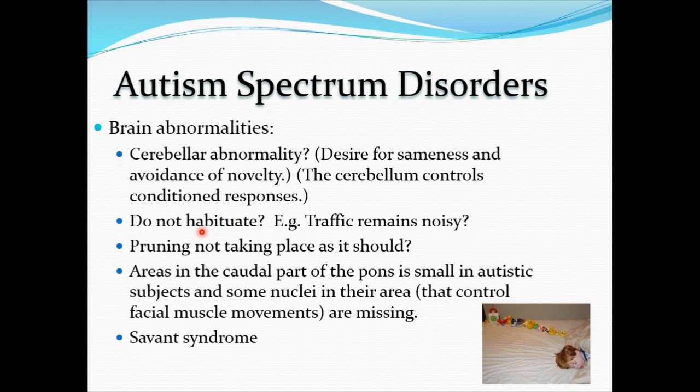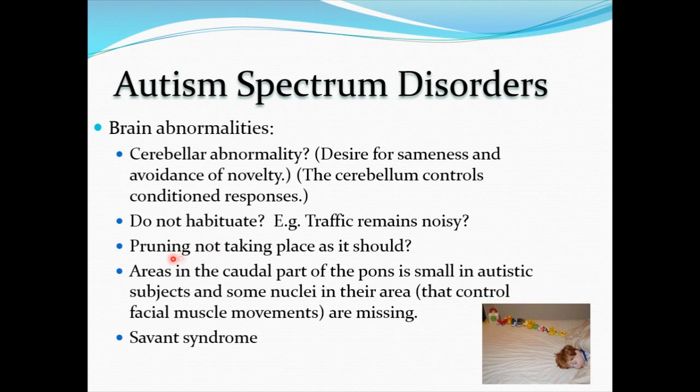So in the normal brain, if we are placed in an area where there's a lot of noise, eventually we habituate and we ignore the noise and don't really notice it anymore, so that we can focus on what we're doing. People who live near train stations eventually don't really hear the trains anymore because of habituation. But it seems that children with autism don't habituate, so the noise remains noisy.